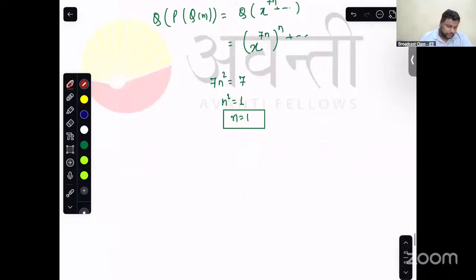Anyways, write down a question. Question is, f from R to R, f(x) equals a x square minus root 2.